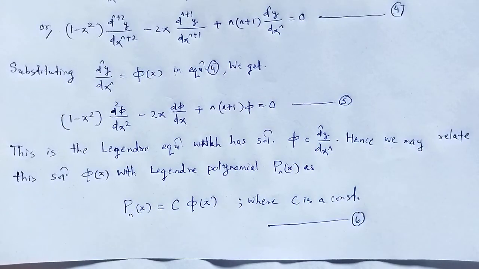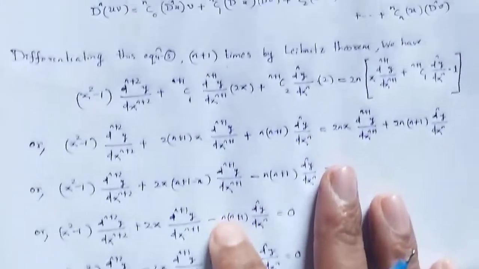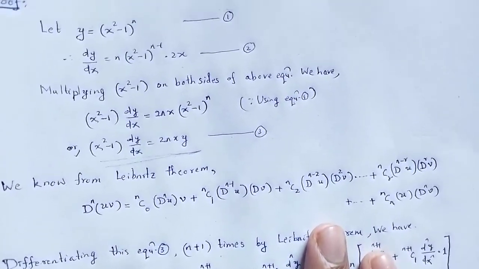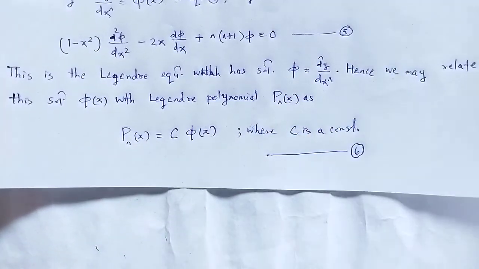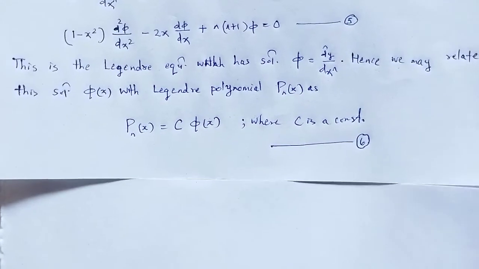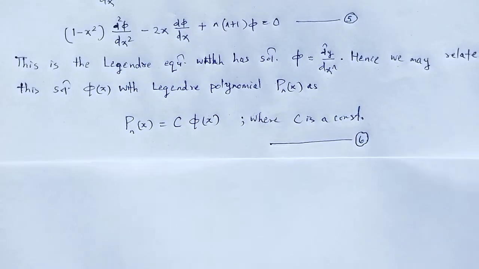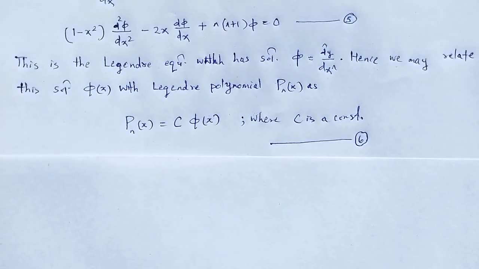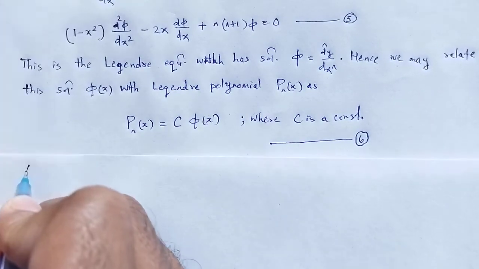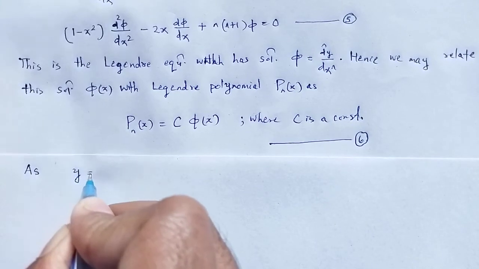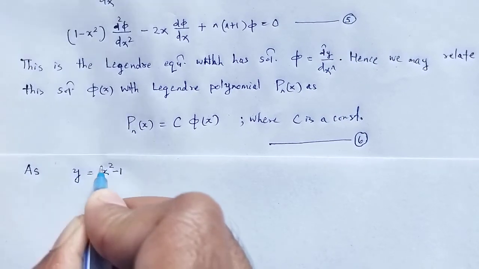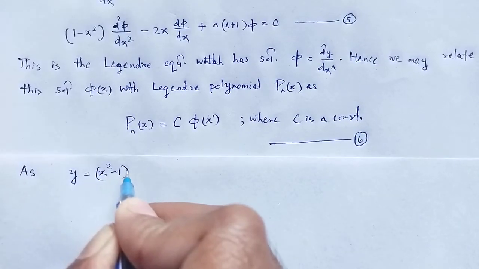Therefore, first we substitute y is equal to (x² − 1)ⁿ.